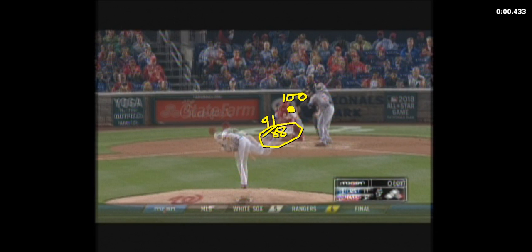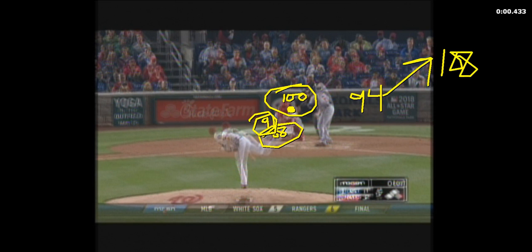So my first question is, would you rather throw 100 or 91? So if you throw 94 and you throw it middle in, it's really 97. And when you throw it up and in, extreme, in the strike zone, it's really 100 EV. So do you want your 94 to turn into 100?